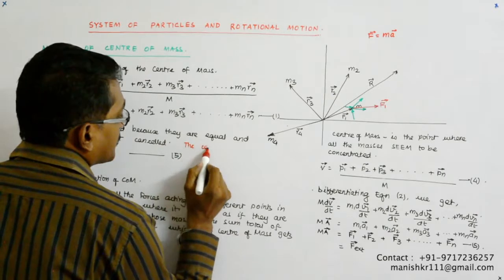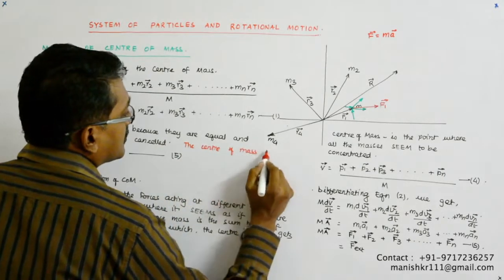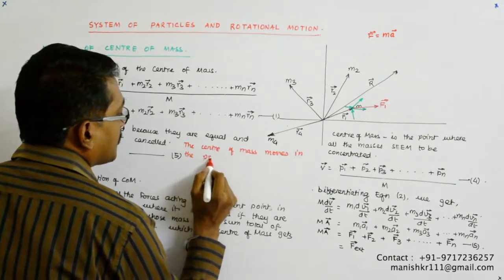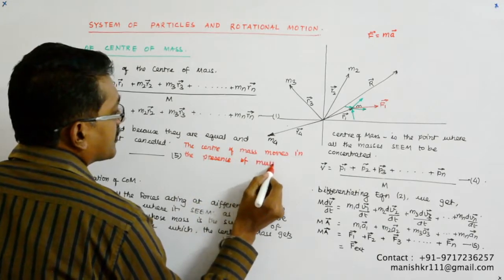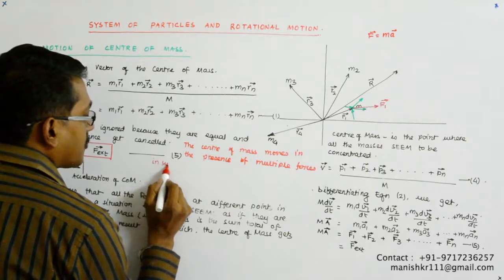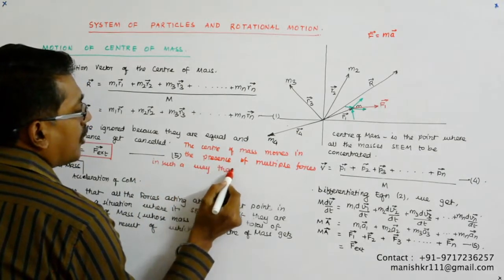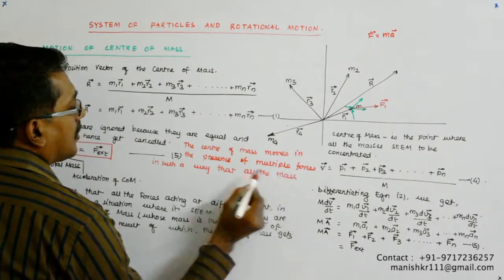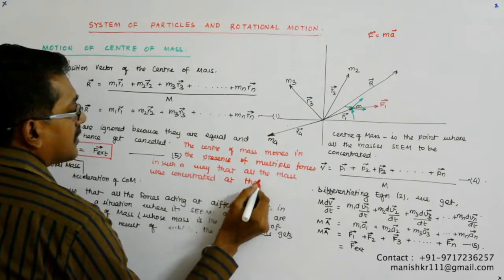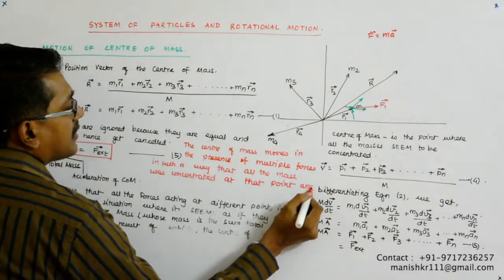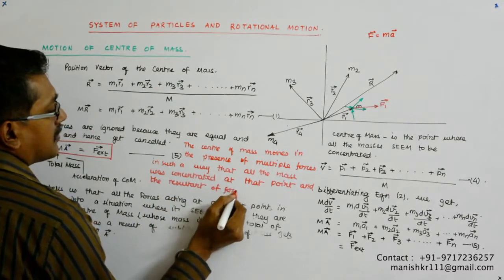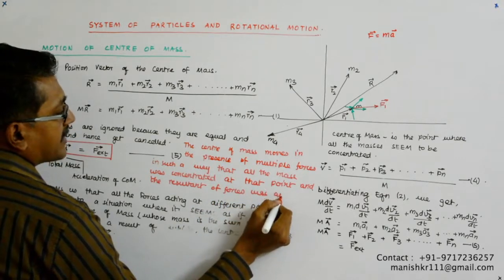So the center of mass moves in the presence of multiple forces in such a way that all the mass was concentrated at that point, and the resultant of forces was acting at that point.